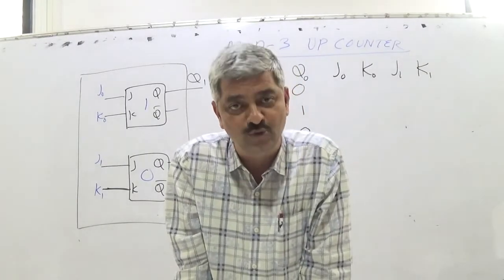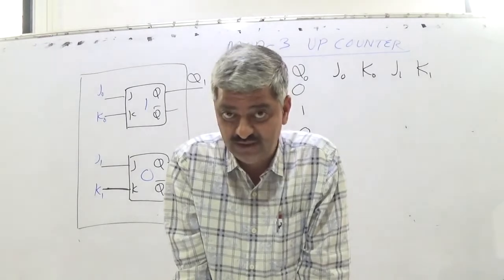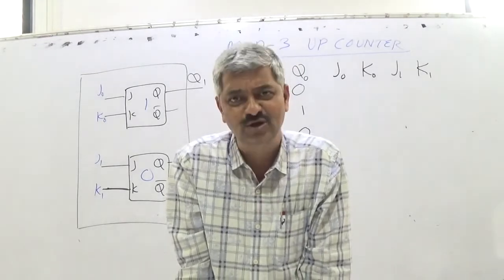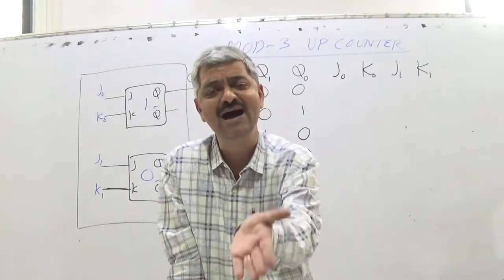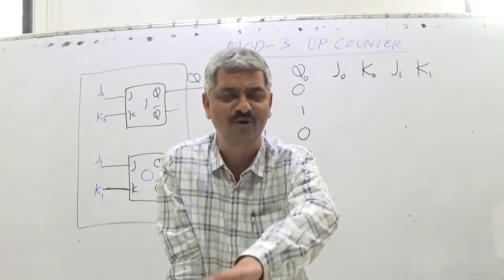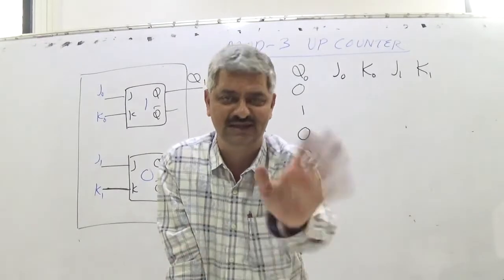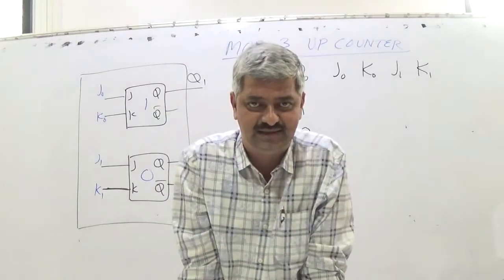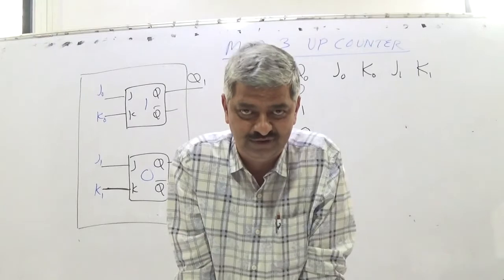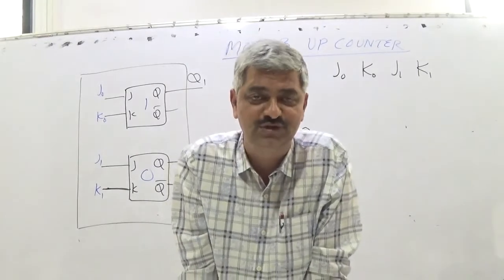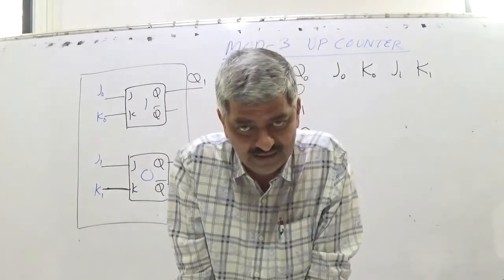So there are 2 outputs and 4 inputs. Q0 bar and Q1 bar are just their complementary outputs available to me for avoiding a NOT gate. Otherwise, I can't treat them as separate outputs.